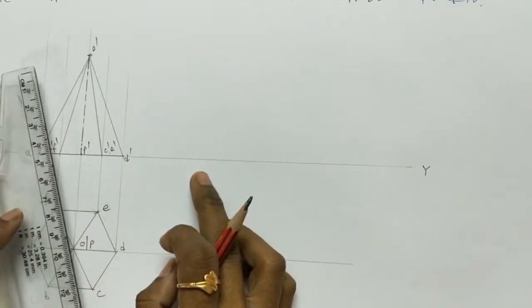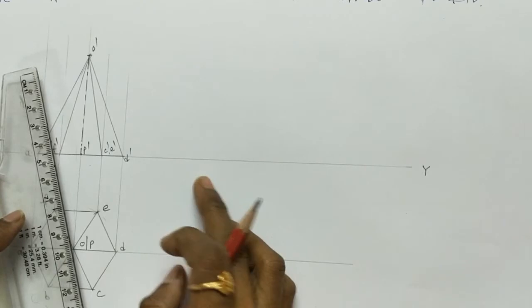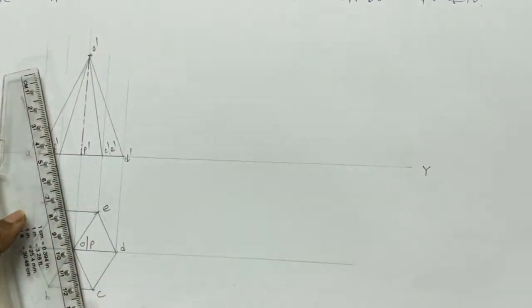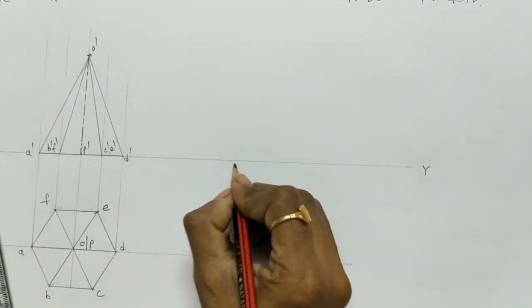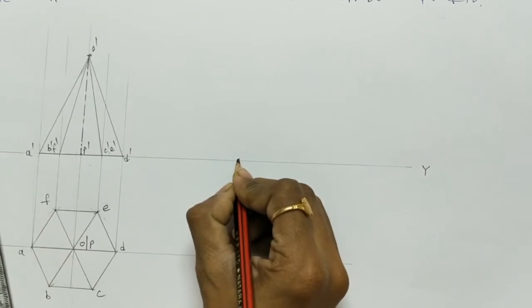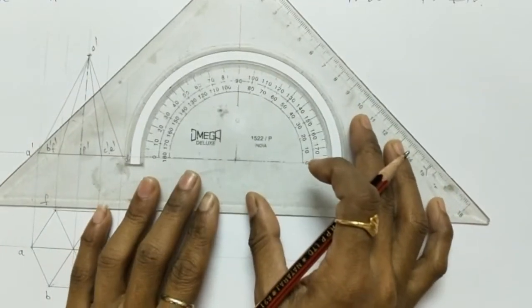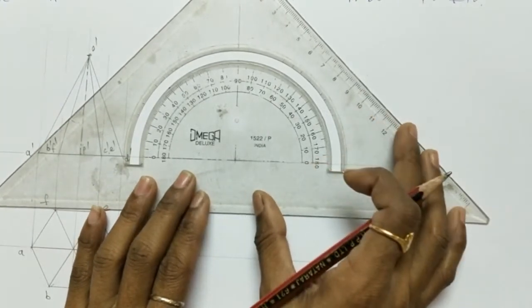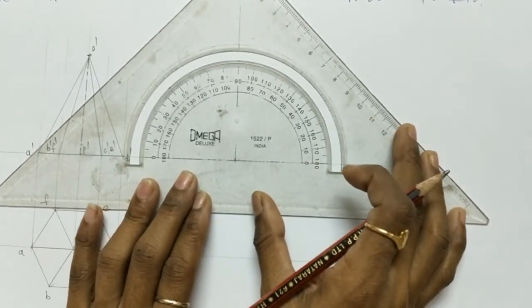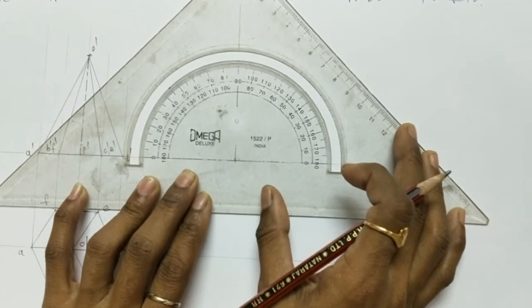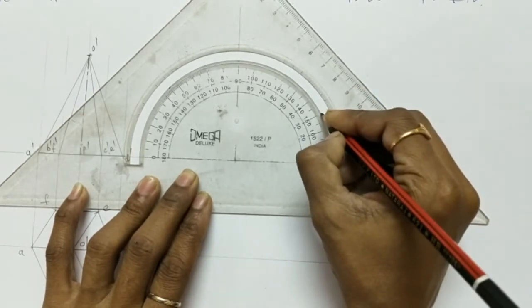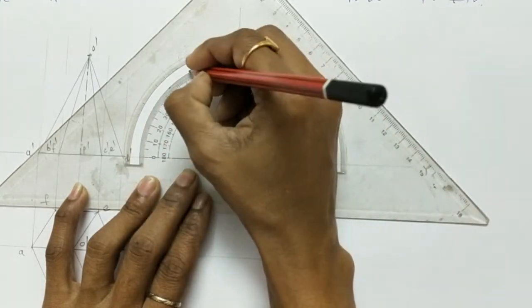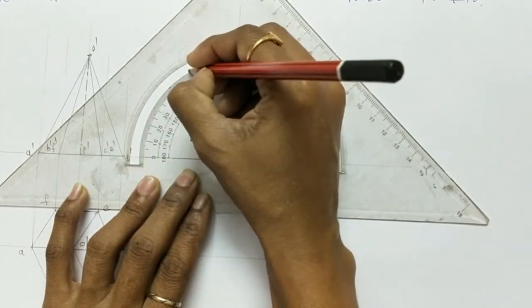So draw 60-degree angular line. Take any point, say this, and draw 60-degree angle. So this is 30. So this is 60. So 60-degree angle.